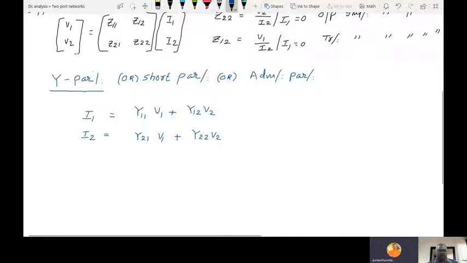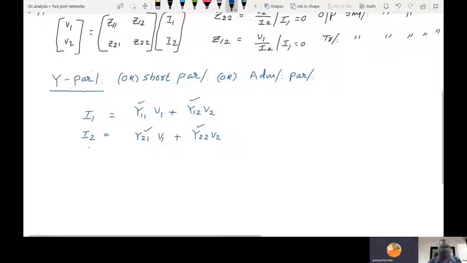Transfer admittance when V1 is short. So similar concept. But always we find in this order. We find this first, and this second, this third, this fourth. Why do we find these two at a time? Because in both cases V2 is 0. Later we find these two making V1 0. So Y11 and Y21 will form one set. Y22 and Y12 will form another set. So that's how we find any parameter.